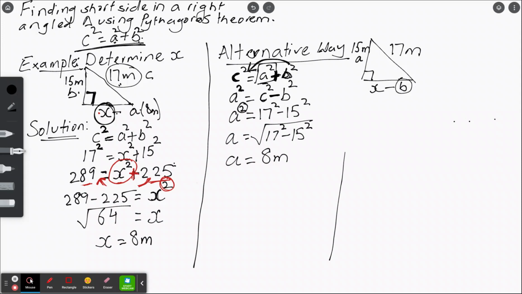Nothing is going to be changed. Sorry. My eraser and my pens are playing up on me a little bit today.